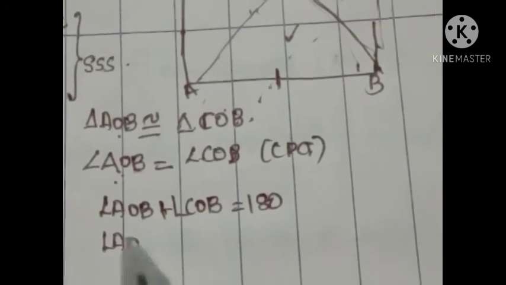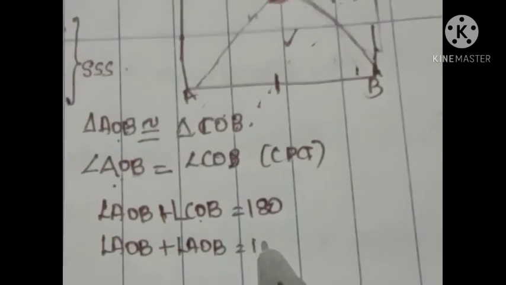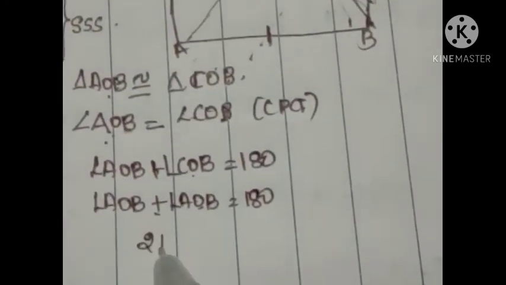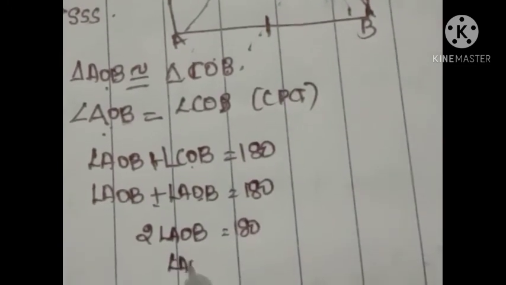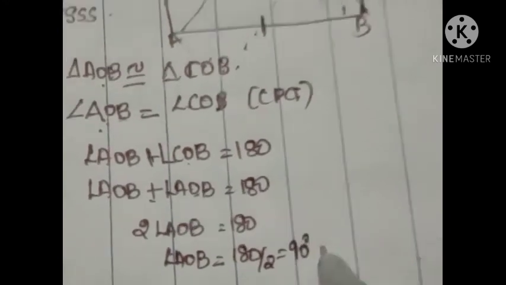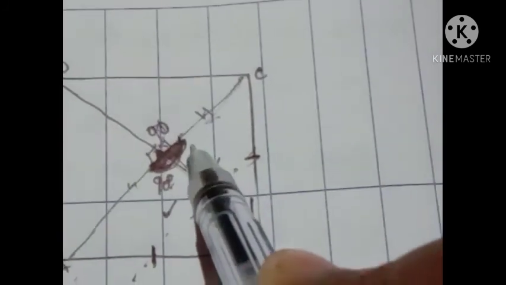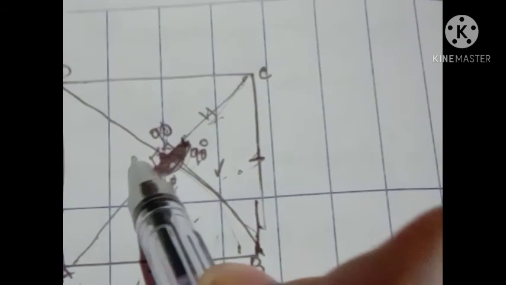So here I am going to change COB as AOB. Now AOB plus AOB, 2 angle AOB. So what is angle AOB? 180 by 2 equal to 90. So angle AOB 90 means this angle is 90, vertically opposite angle. This angle is 90, linear pair. This angle is 90. So all the angles equal to 90 means diagonals bisect each other at right angles.